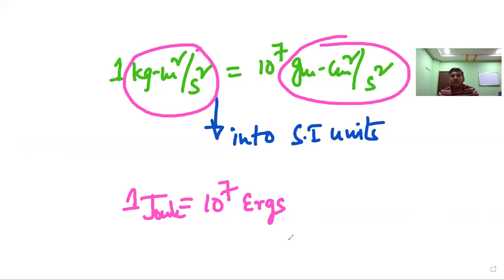So this is how you can deal with the conversion of units. Clear? You can convert from MKS to CGS, even CGS to MKS also, and from MKS to the SI system. Okay? I conclude the session.